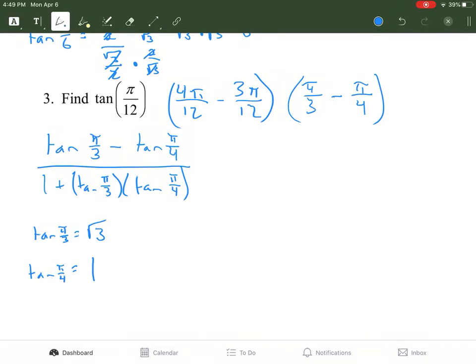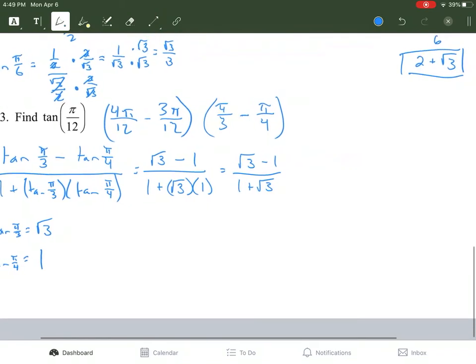So we put these values in: tangent of pi over 3 is square root of 3, minus 1, over 1 plus square root of 3 times 1. If we simplify it, we'll have the square root of 3 minus 1 on the top, and 1 plus the square root of 3 on the bottom.